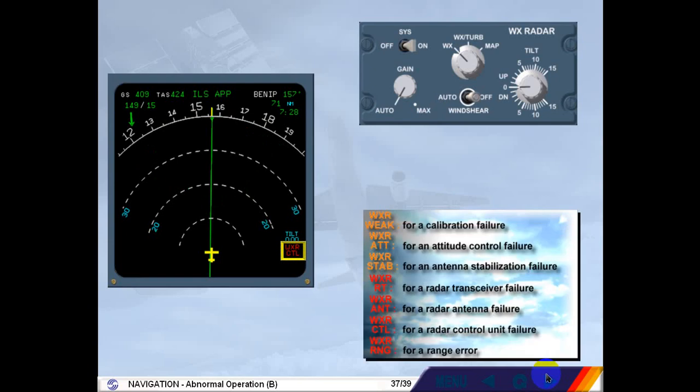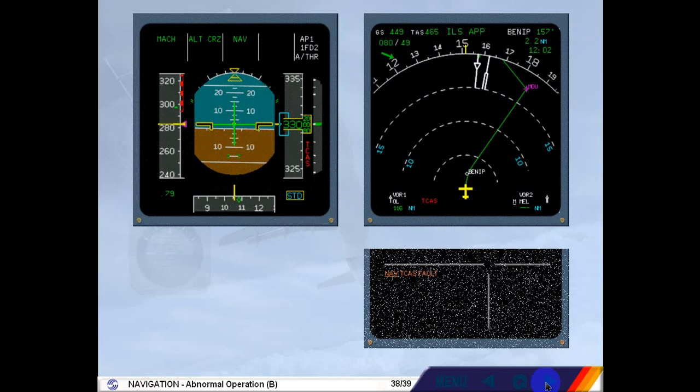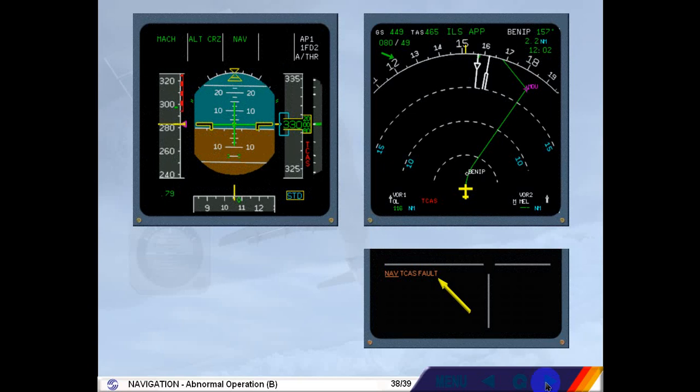The next faulty system is the TCAS. In case of TCAS failure, a TCAS fault is displayed on the engine warning display and TCAS red flags appear on both PFD and ND. Note that there is neither a warning light nor an oral warning.